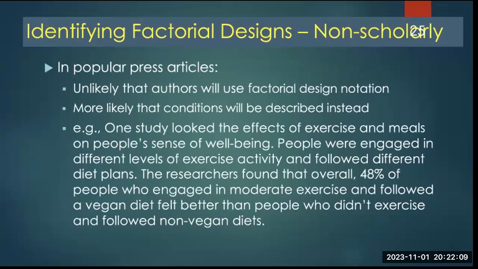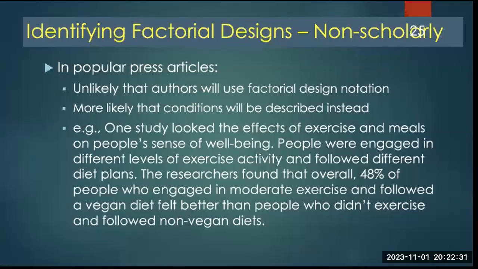There's your dependent variable right there. People were engaged in different levels of exercise activity and followed different diet plans. The researchers found that overall, 48% of people who engaged in moderate exercise and followed a vegan diet felt better than people who didn't exercise and followed non-vegan diets.